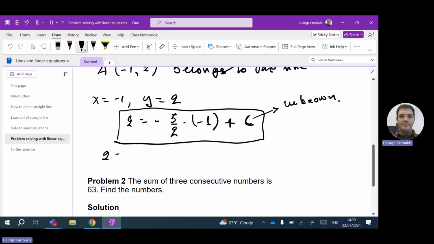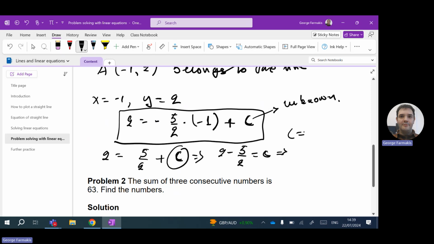We have 2 equals minus 5 over 2 times minus 1. So this is just 5 over 2, minus minus will be plus, c. So we want to isolate the unknown, the c. So I can subtract 5 over 2 from both sides, and I will get 2 minus 5 over 2 equals c.